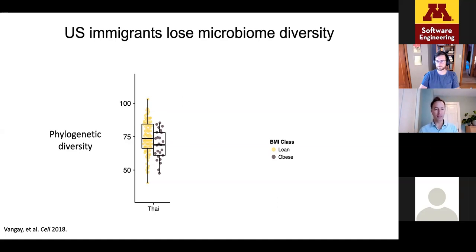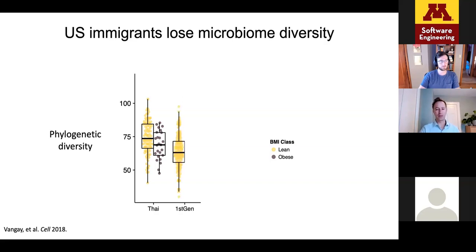And what I'm showing you here is just in Thailand, the difference in diversity between lean and obese. And so you can see what's happening here. People with obesity have a less diverse ecosystem in their microbiome, still living in Thailand.